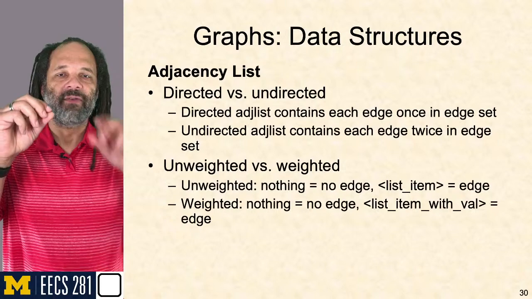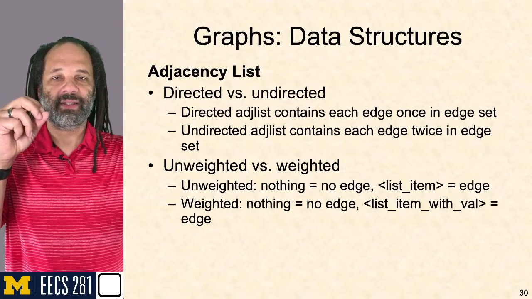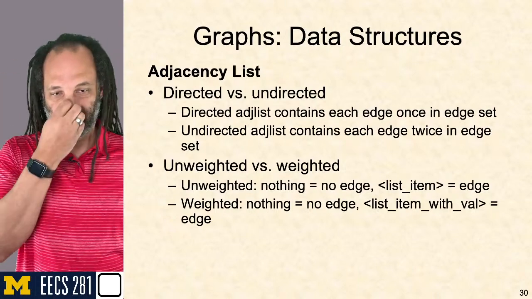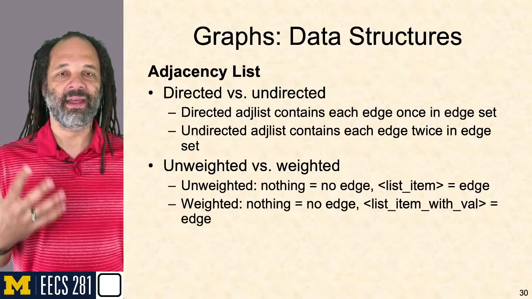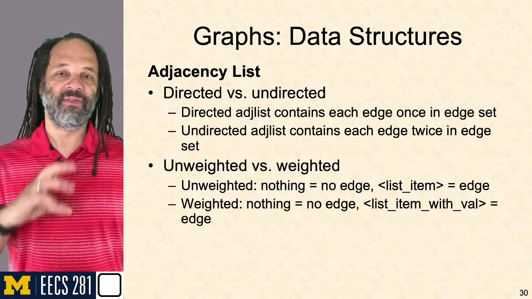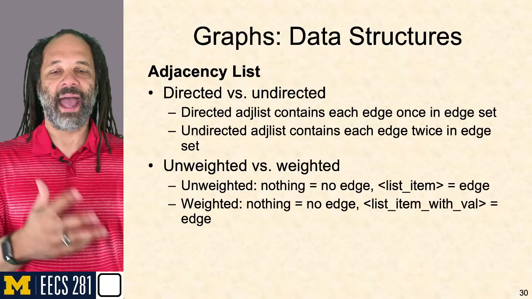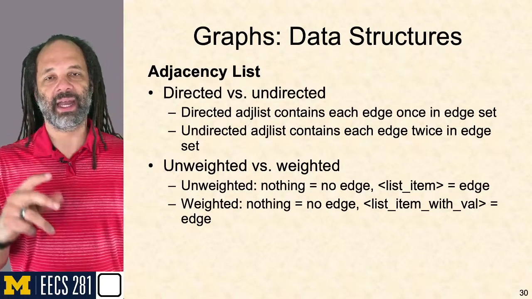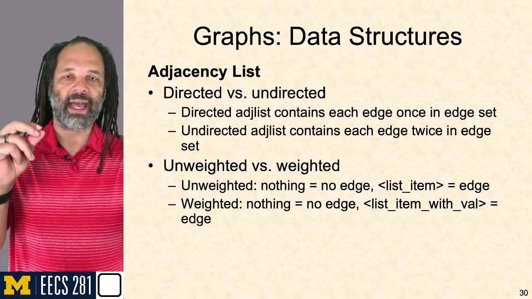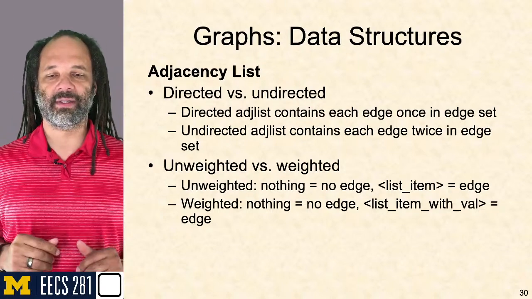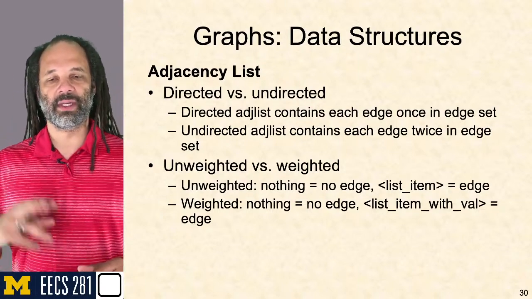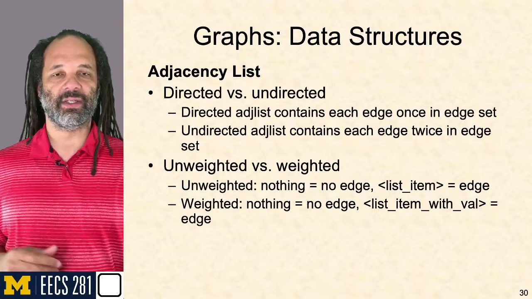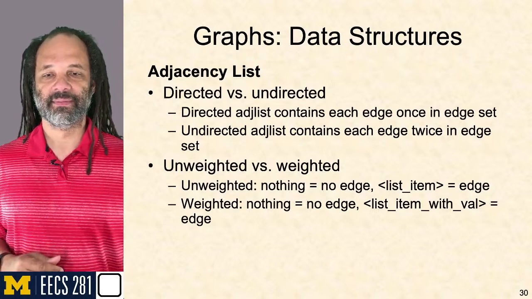If some vertex is not in another vertex's list, they're not connected. If I do have something in there, then there's my edge. If I want to put some value into that, I can also include the weight just as easily. I can say the list item with a value now says that there is connectivity and this is how much it costs. No edge, of course, either way, weighted or unweighted, is simply represented by having nothing.